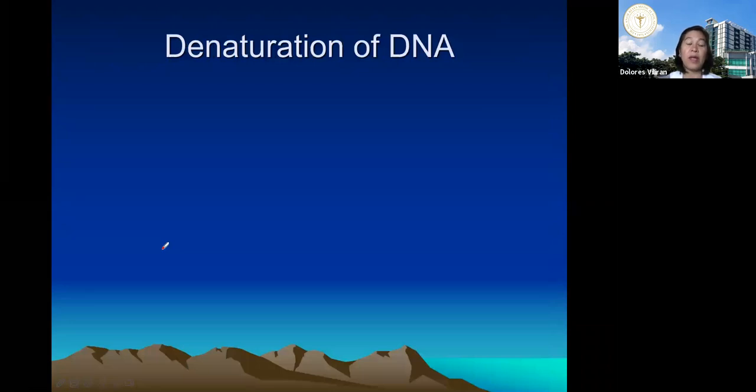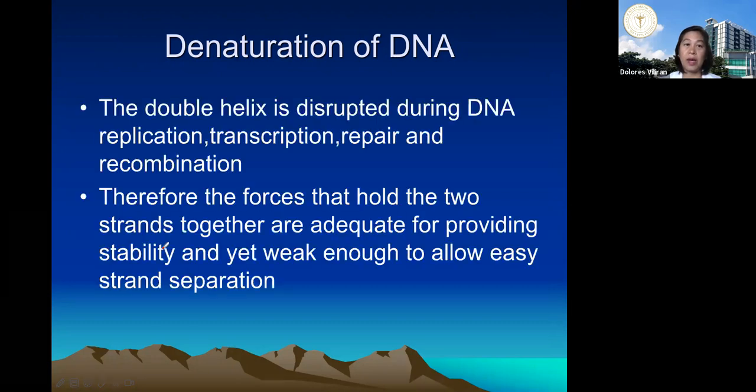Another concept in DNA is denaturation of DNA, okay? Denaturation of DNA is actually a normal process. Take note, the double helix is disrupted during DNA replication, transcription, repair, and recombination. Unlike in protein, when you denature a protein, there is loss of function.